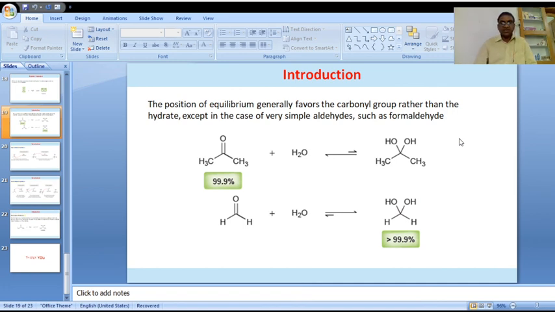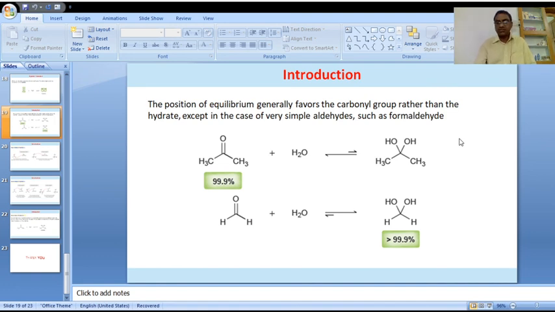The stability of formaldehyde is very low, because it undergoes reaction. Is it clear, all of you, in today's class?